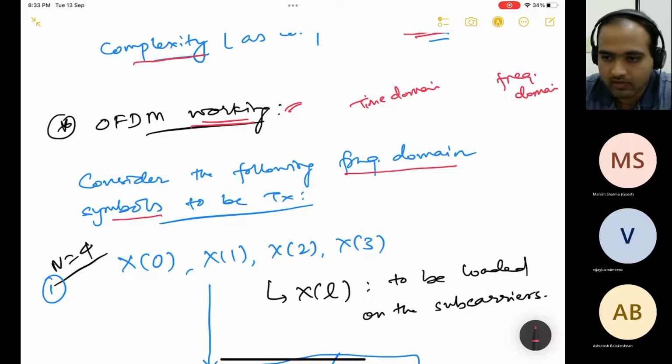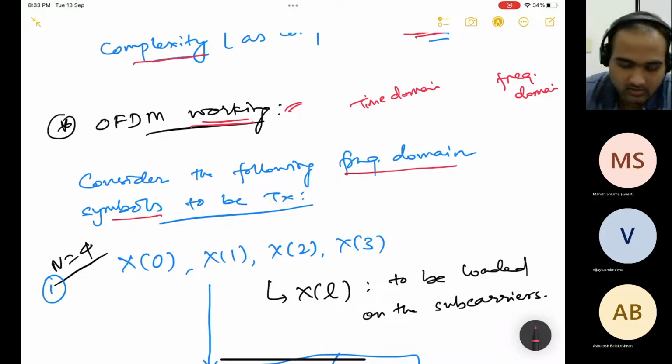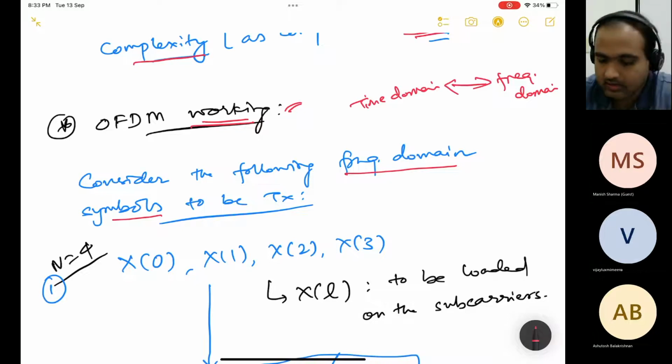We are shifting the entire space, using the Fourier transform, to another domain, which is the frequency domain. We'll see why changing the domain is advantageous, and how this interchanging of domain takes place.